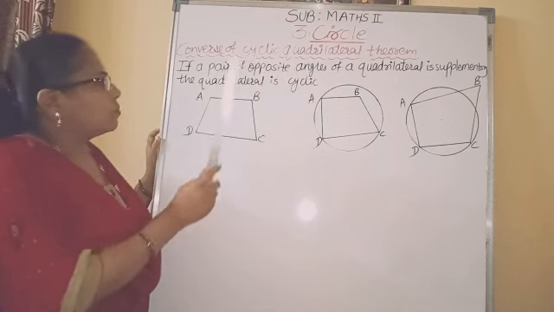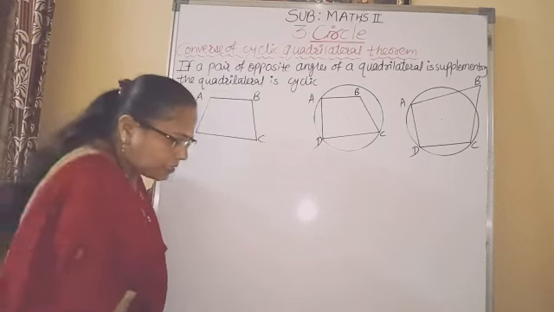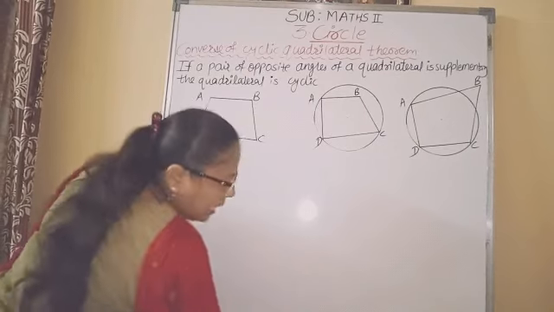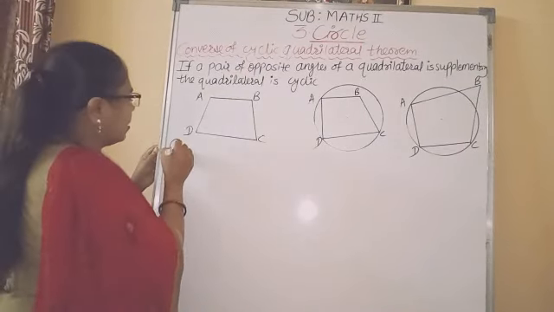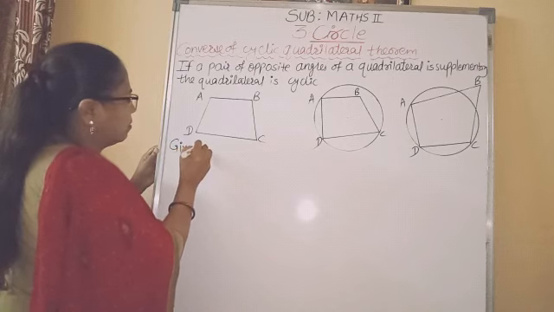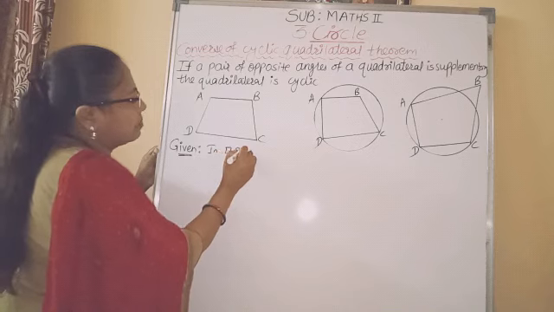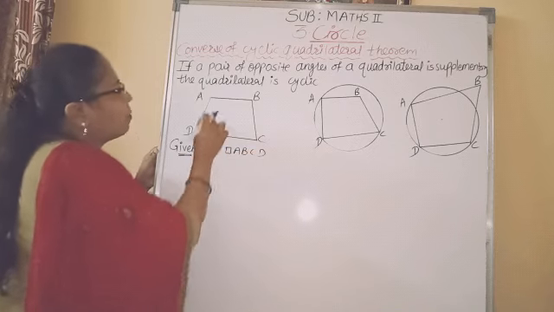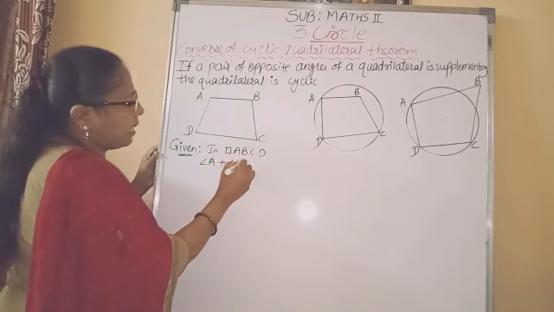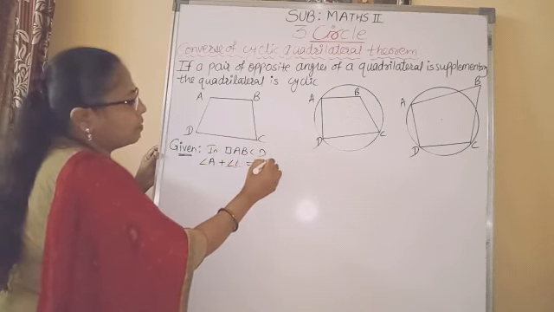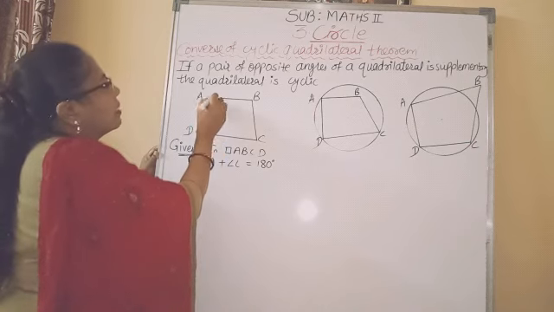Okay. So we have to prove this theorem. So here the quadrilateral is given. In this quadrilateral, opposite angles are supplementary. So in given we can write, in quadrilateral ABCD, opposite angles supplementary means angle A plus angle C is equal to 180 degree. A and C are opposite angles.